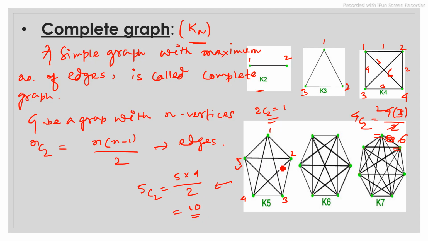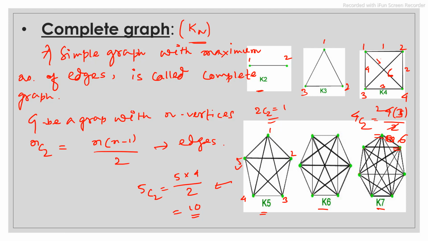You can count all the edges. 10 edges in this graph. In K5 the maximum number of edges is 10. So this is a complete graph with 5 vertices, which is denoted by K5. This is K6. This is K7. So these are the complete graphs.